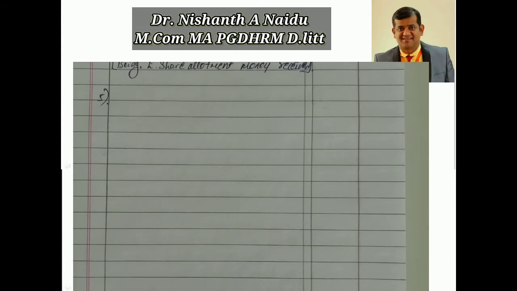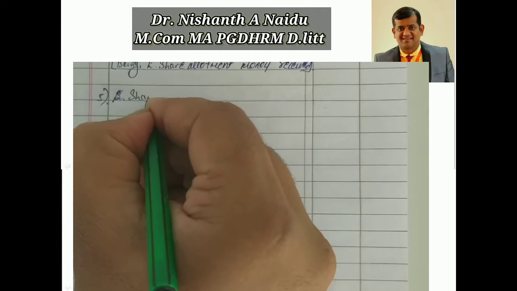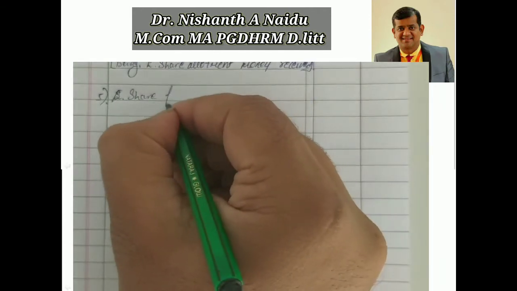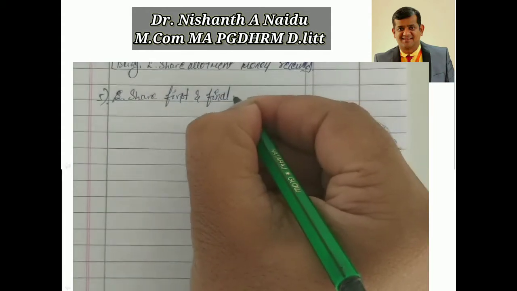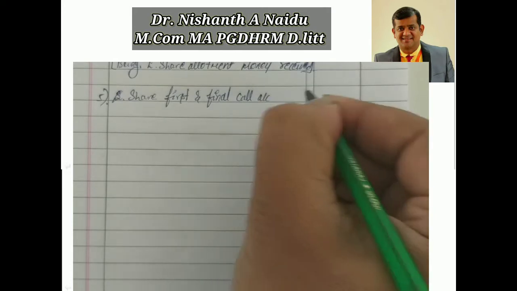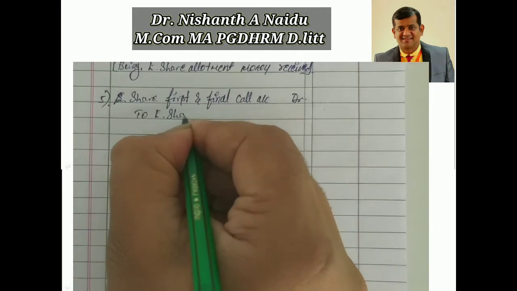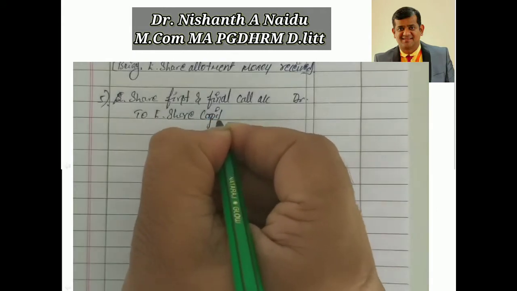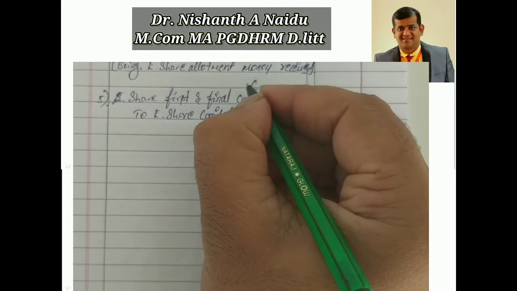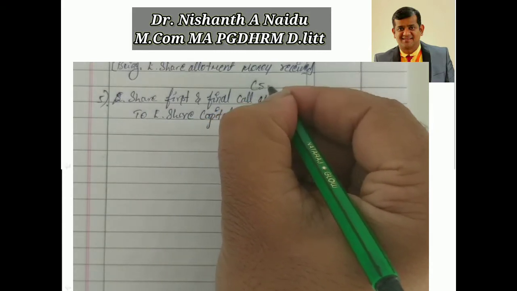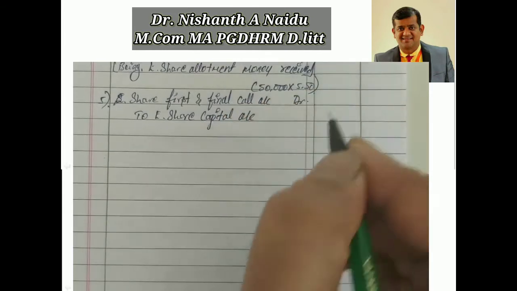What is the fifth entry? Fifth entry is the first call money due. Okay, so write down equity share first and final call account, because there is no second and final call. So first and final call account debtor to equity share capital account. How much is the first and final call? 5 rupees 50 paise.